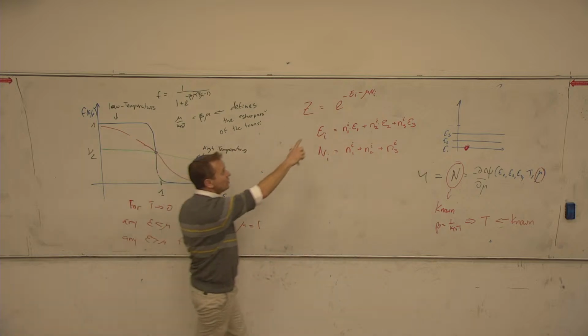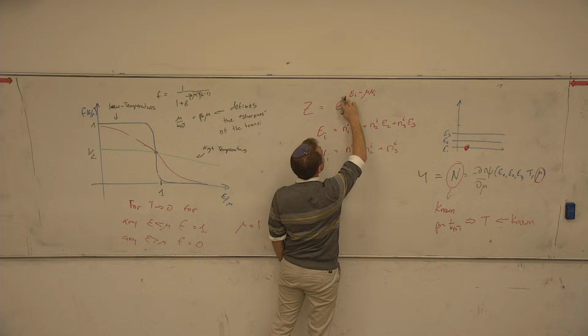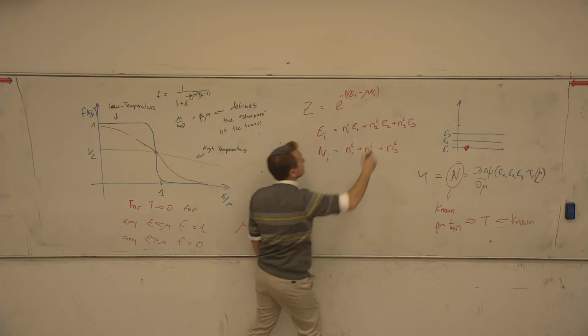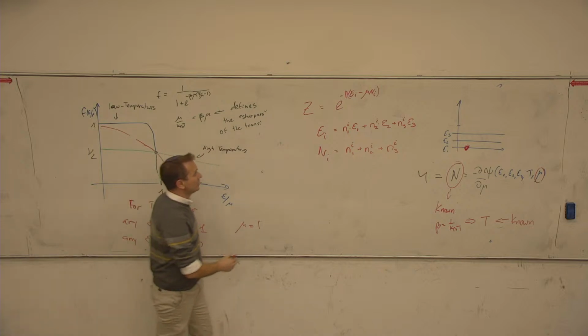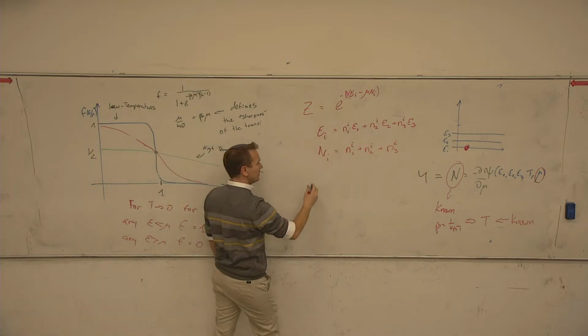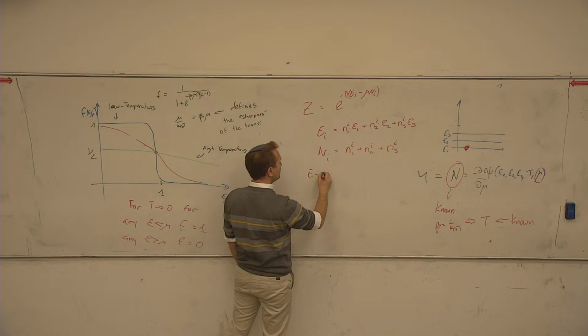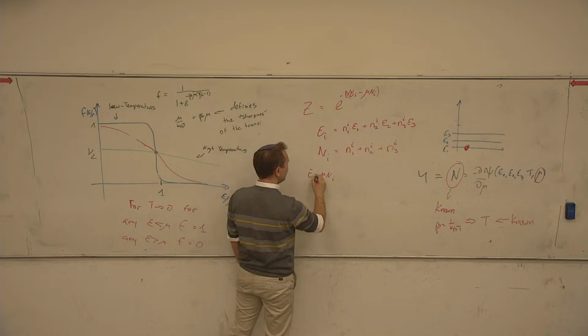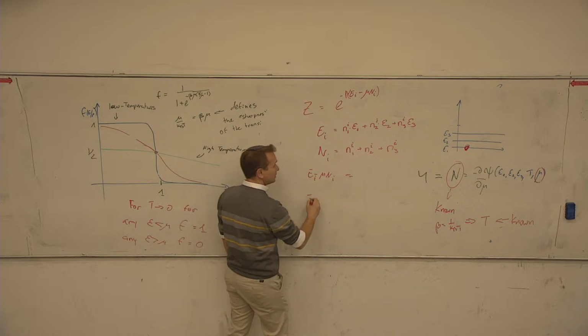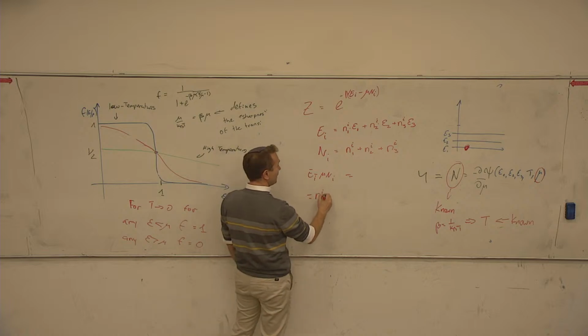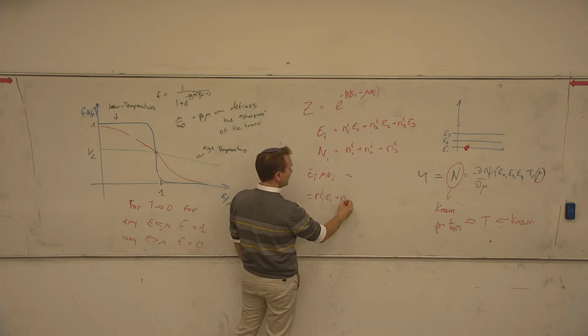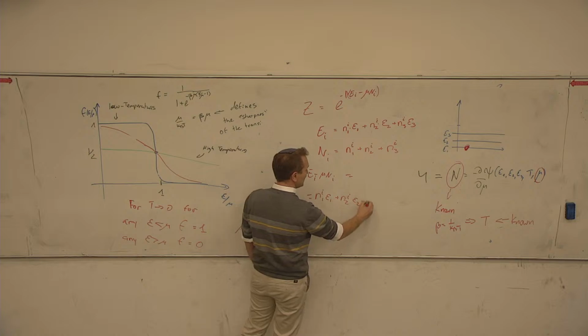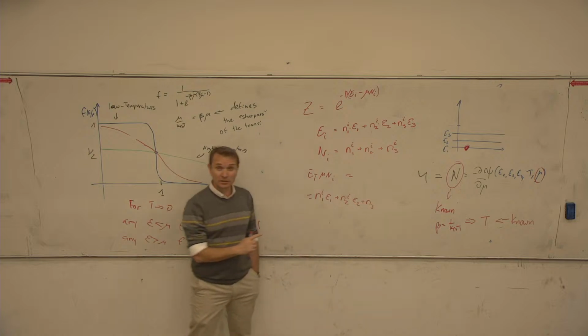Now let's look at this sum over here. It is minus beta, and we have this fraction, so we don't care about the beta. Let's look at e to the power minus (E_i minus mu N_i). It is N1i epsilon 1 plus N2i epsilon 2 plus N3i epsilon 3. It's important because it's actually the key.